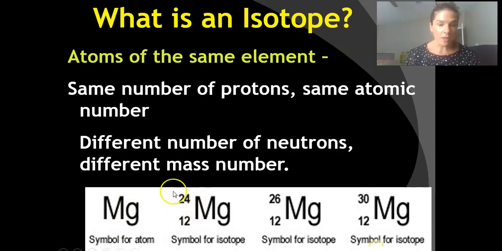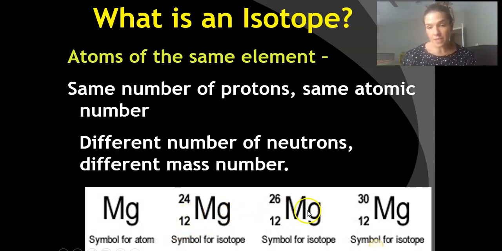The mass number for this isotope of magnesium is 24. Remember, man from 8-man: M, your mass number, minus your atomic number is going to equal your number of neutrons. So in this case, 24 minus 12 gives us 12 neutrons. So this atom in its nucleus will have 12 protons and 12 neutrons.